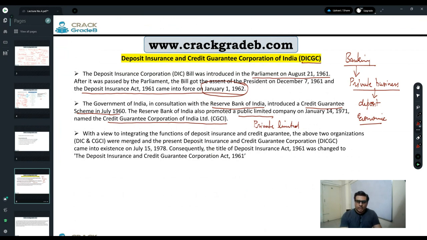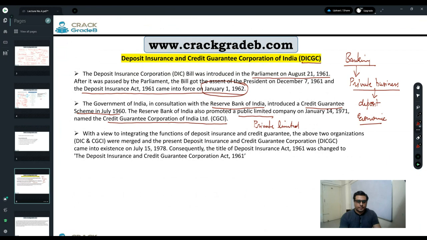Government through RBI was providing the deposit insurance, right? Now, government found that deposit insurance and credit guarantee can be given through banks, right? And it is basically focused on the banks.